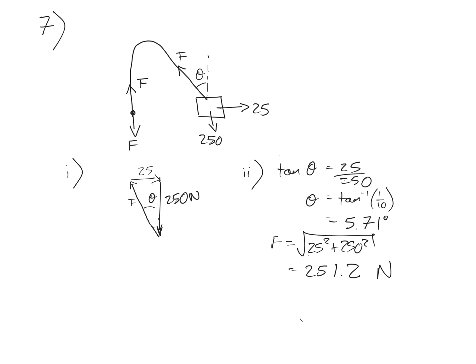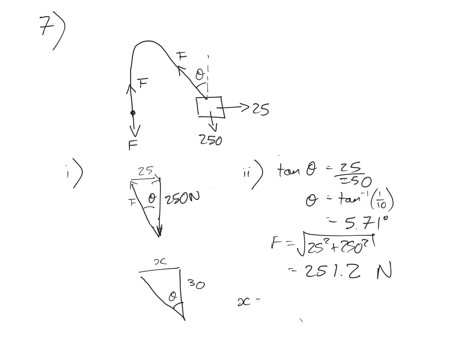Now the distance one, it's easy to forget that it asks that, but we know that that distance is 30. This angle is still the same angle, so that's theta, and they want the distance between the object and the vertical, so they want this.